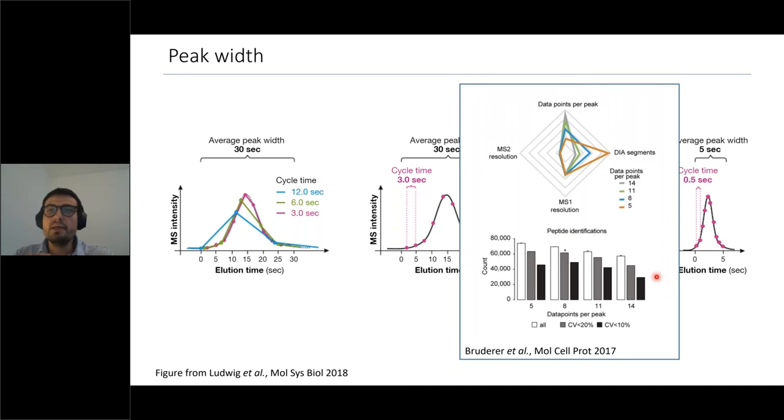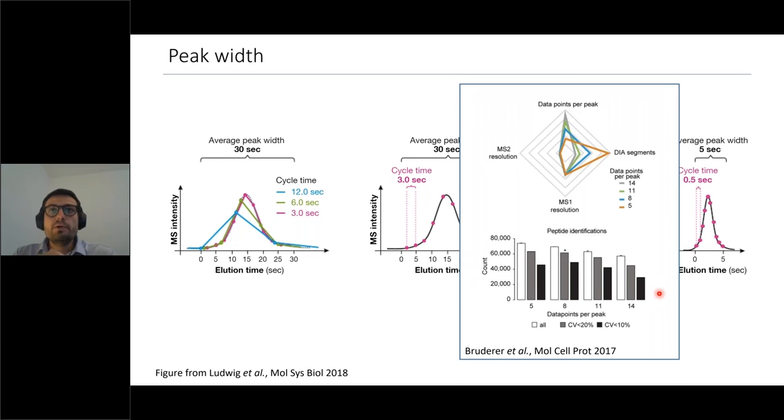So for instance, look at peptides or proteins quantified with enough precision, but also as many as possible. So this is, I think, a very good strategy to start optimizing DIA methods for short gradients.